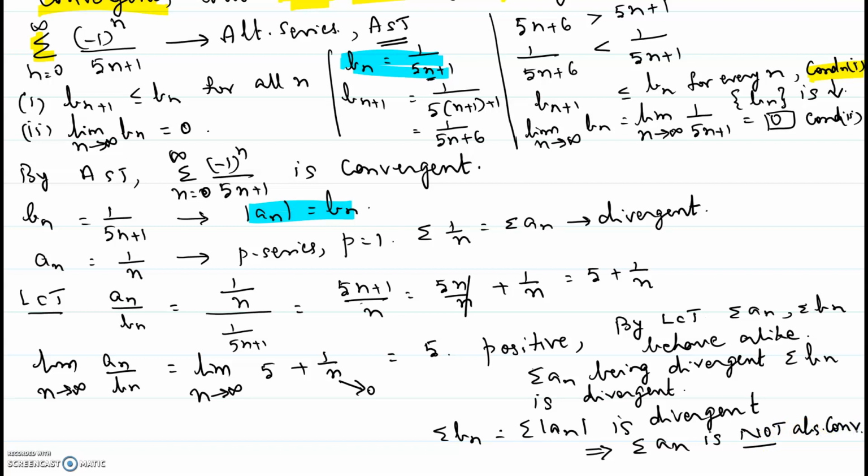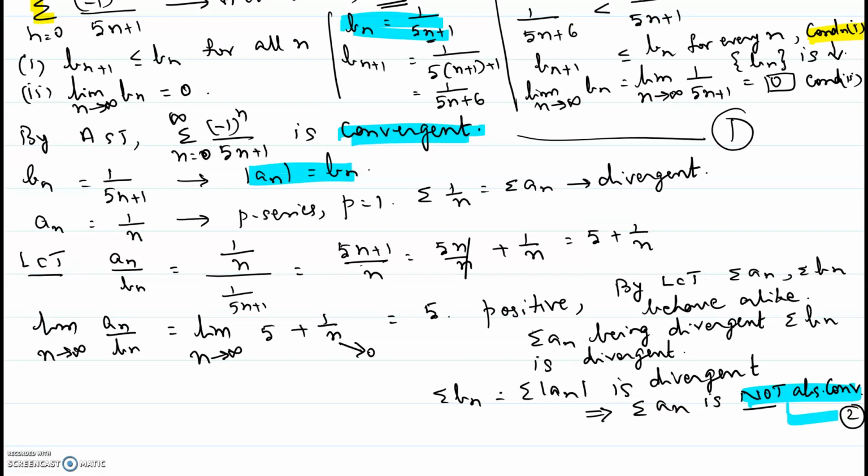So now if we put together the two conditions that we established: sigma an is convergent in the first place, and now we are saying that sigma an is not absolutely convergent. So by looking at 1 and 2, the series is convergent by the alternating series test, and the series is not absolutely convergent by the limit comparison test.